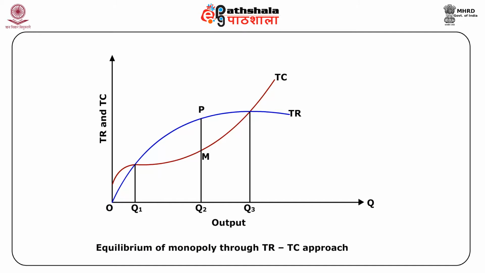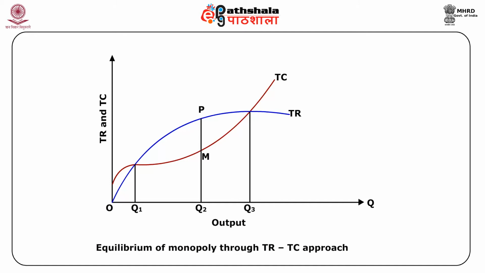Hence, a monopolistic firm earns positive profits only between OQ1 and OQ3. Now, the main question is at which point or output does it maximize its profit in this range?